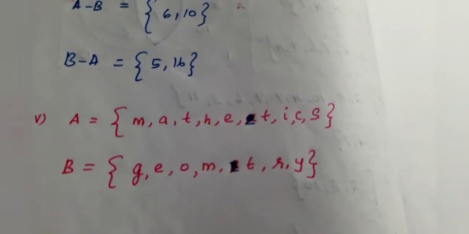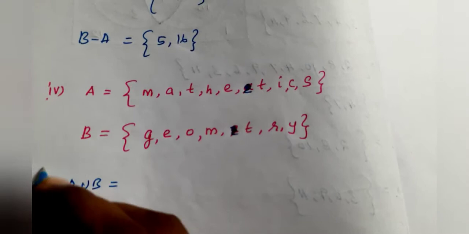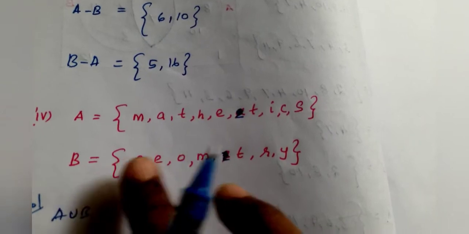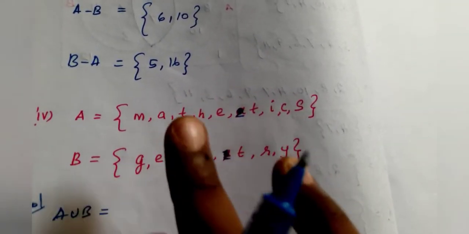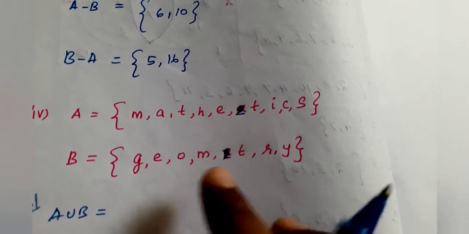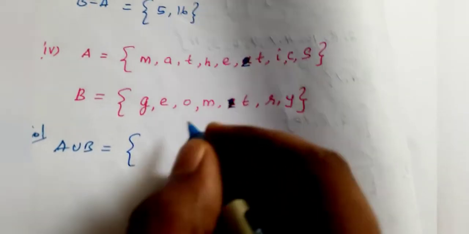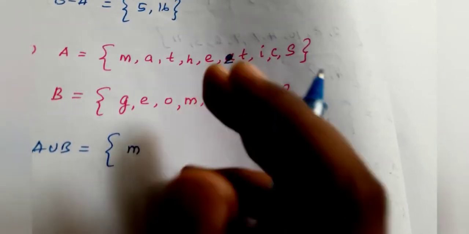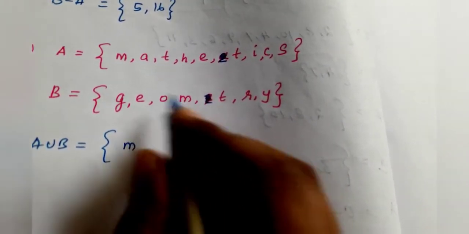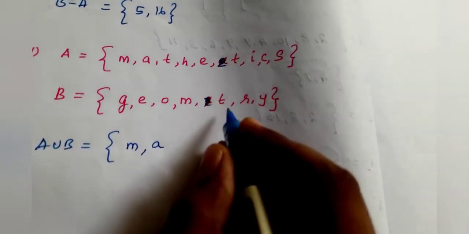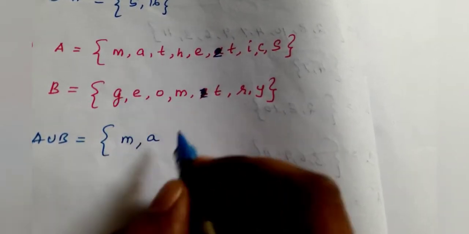Now we are going to find out A union B. What is A union B? Just write all the elements of sets A and B, and we have to avoid the repetition. Therefore M, already repeating, so only write M once.